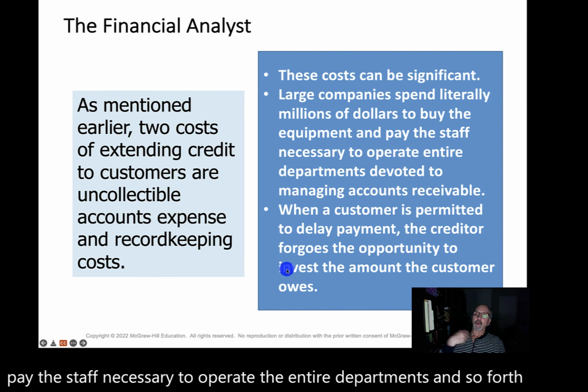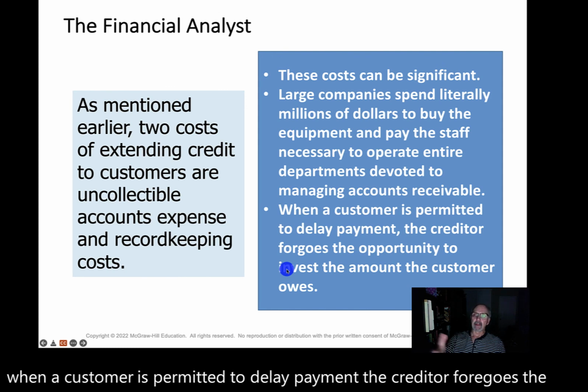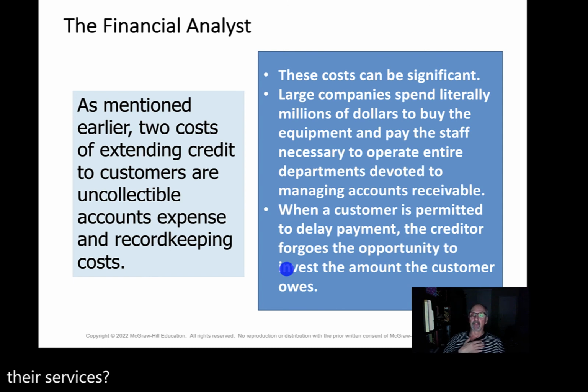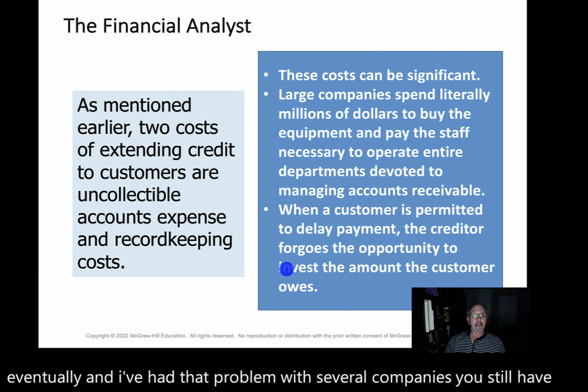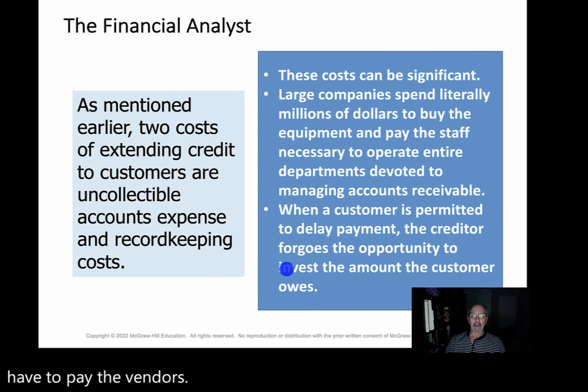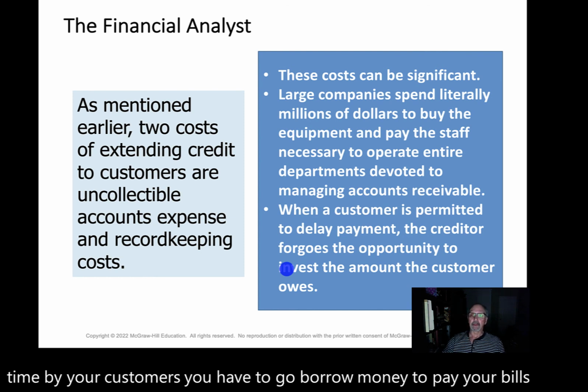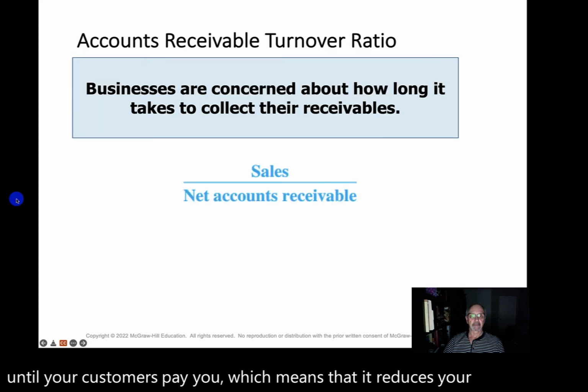So remember, when you allow people to not pay for their services, eventually, and I had that problem with several companies, you still have to pay the vendors, right? You still have to pay your employees. So if you're not getting paid on time by your customers, you have to go borrow money to pay your bills until your customers pay you, which means that it reduces your profitability.